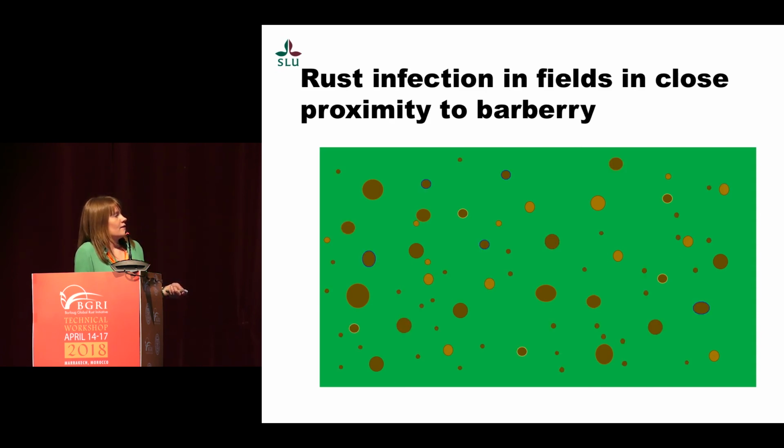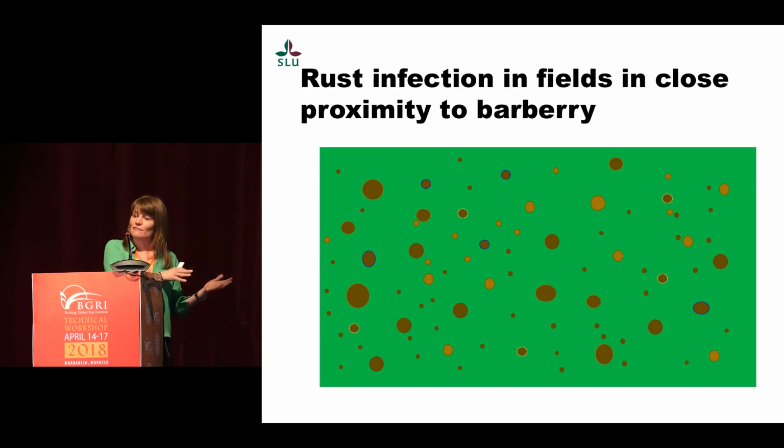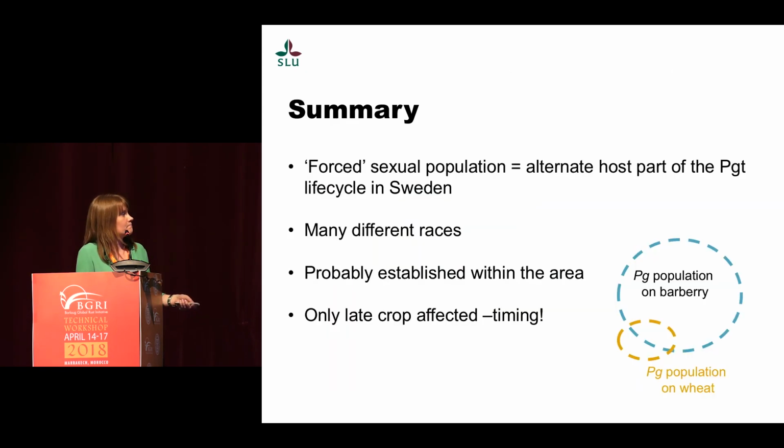And then they will of course produce offspring within the field. But in the case of Sweden, where you have this forced sexual population, I think the very rapid change from a very clean field to a very infected field must be due to this massive spore deposition.